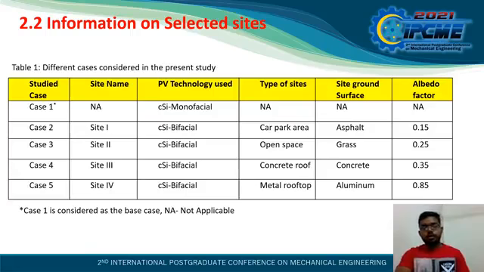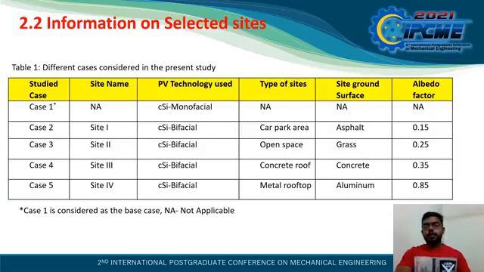Site 1 uses a bifacial solar PV system, and the ground surface is asphalt, which means the area is a car park, and the corresponding albedo factor is 0.15. This value is obtained from a standard table from online PV software.